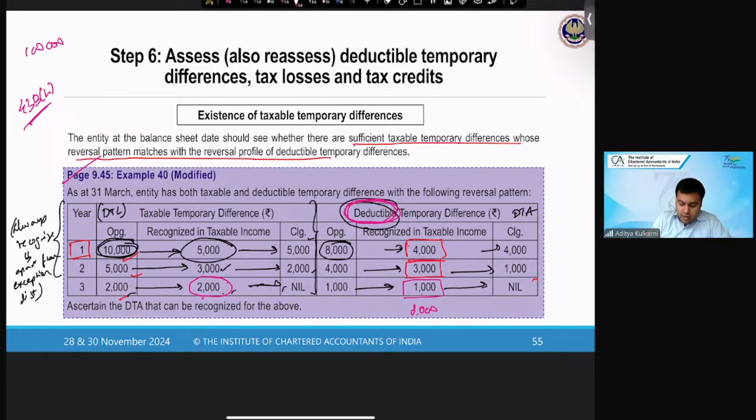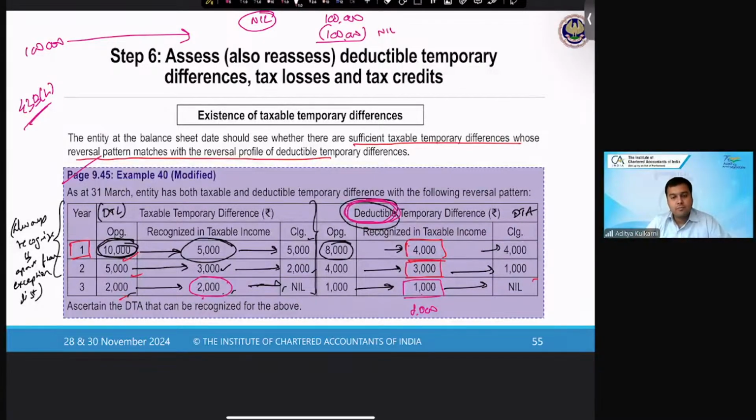In the future, if I have a loss or no profit, will I be able to get this benefit of 1 lakh even though I have paid it? No. You will get a benefit only if your taxable profit is at least 1 lakh in the future. Then your tax liability will drop down to 0.